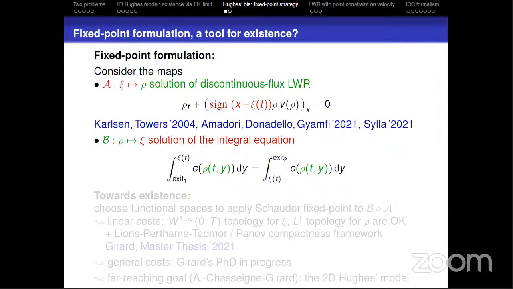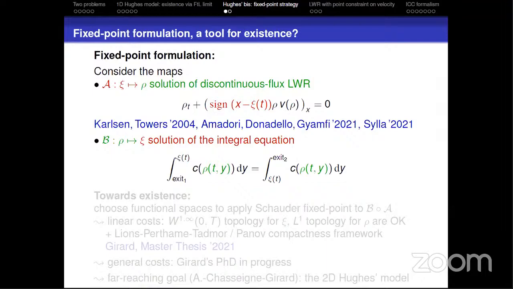And starting from Carlson-Towers, with a work almost finished by a PhD student from Denmark who collaborated also with Carlotta, and if you wish something much more robust that covers not only this case but almost any coupling in a one-dimensional LWR-kind problem, then you can go to the general results obtained by Abraham and Silo very recently. So you have existence in different ways. Okay, and then B is the operator which gives you the interface ψ knowing ρ, the density.